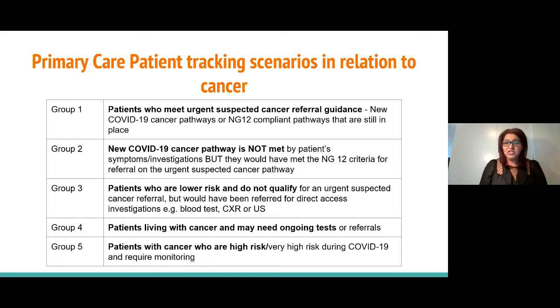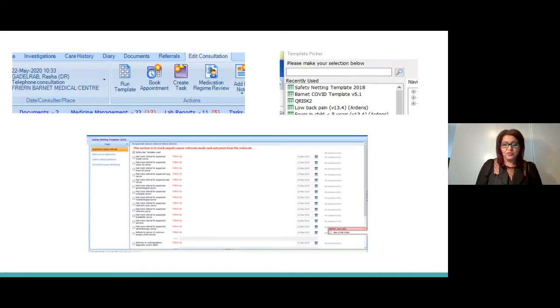Group 3 are for patients who are at lower risk, who probably don't qualify for a 2-week wait, but we have referred them for direct access investigations. So these are blood tests, x-rays, ultrasounds, CA125s, PSAs. So that's group 3. They don't quite fit the 2-week wait, but they're high risk enough for you to want to monitor. And group 4 are patients living with cancer who may need ongoing monitoring. And then group 5 are patients with cancer who are very high risk during this current time, and you just want to watch them. So we've utilised the tool for all of those.